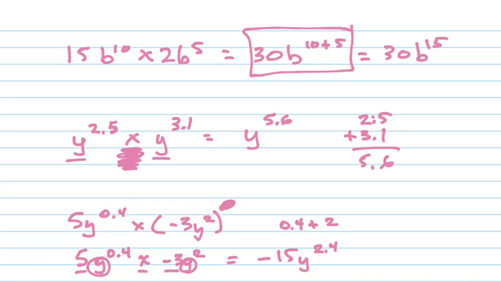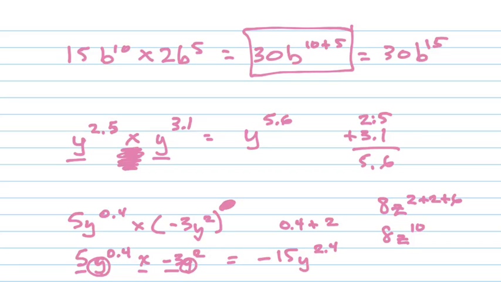You just do 6z to the... Well, not 6, because it's multiplied, so 2 times 4, which would give you 8z to the 2 plus 6, which is 8z to the 10th. Remember, numbers we can multiply, just like we always did. Okay? And watch those signs, like on number 7. It's a negative times a positive, so it's going to be negative 6. So be careful with your signs.